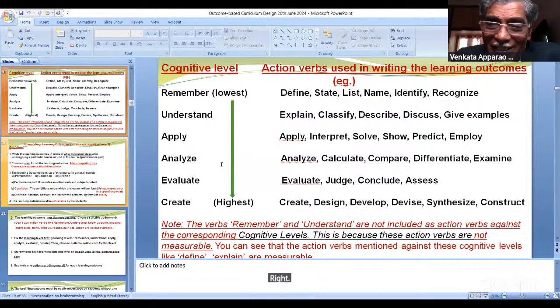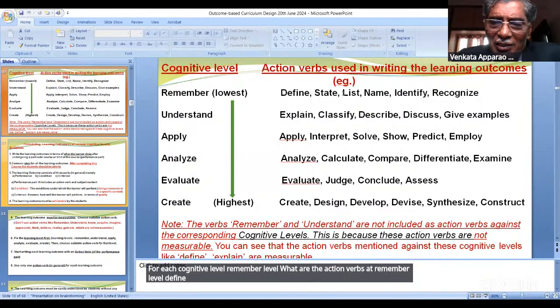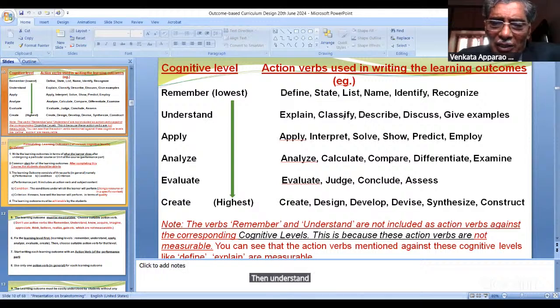For remember level, what are the action verbs? Define, state, list, name, identify, recognize, etc. Then understand level: explain, classify, describe, discuss, give examples, etc.